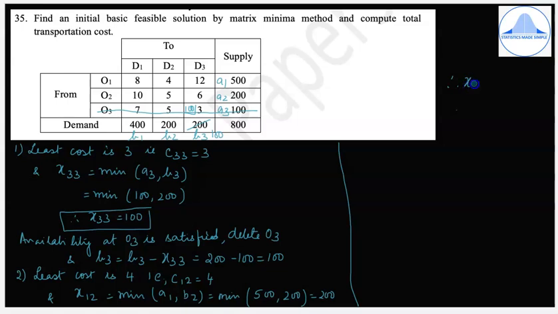So therefore X12 is equal to 200. Write 200 in the cell.